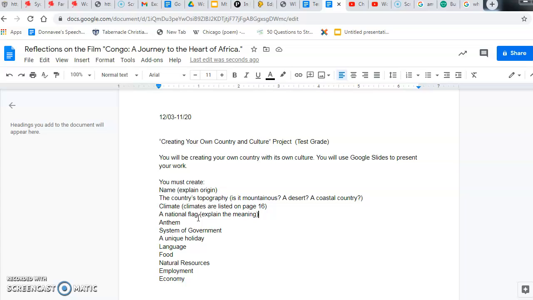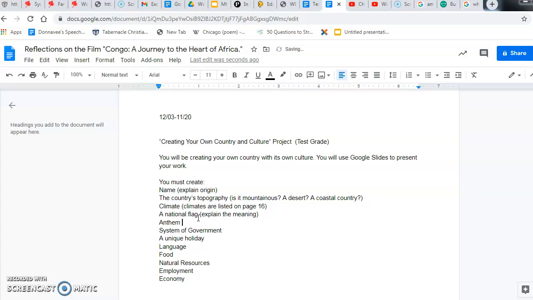So maybe you put a lion on your flag and you say, this lion represents the first ruler of this country and he was supposed to be as brave as a lion, and so the people after him who take his place as ruler and all the people of the country really value courage or something like that. Obviously, it's up to you and your creativity.